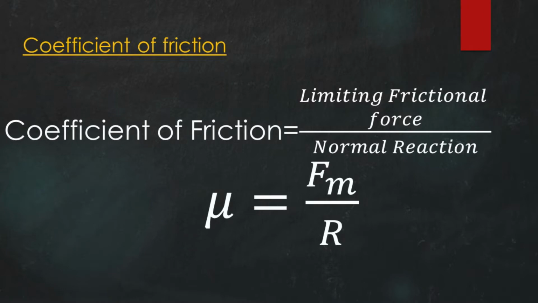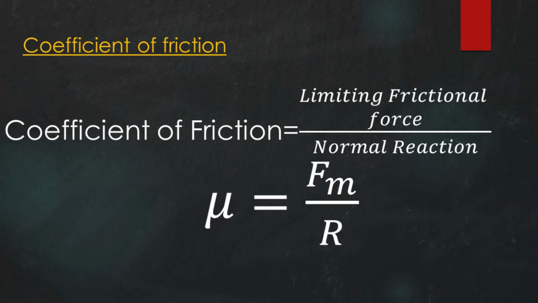This is the coefficient of friction. The coefficient of friction is the limiting frictional force divided by the normal reaction. The coefficient of friction is always a constant; it cannot be changed. Once you apply the limiting frictional force, it is always a fixed value, the highest point reached by our graph.